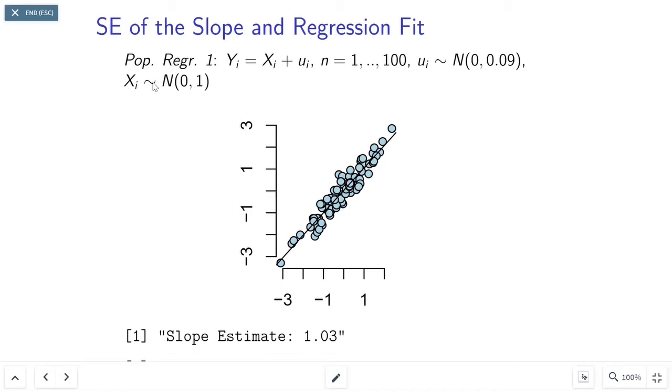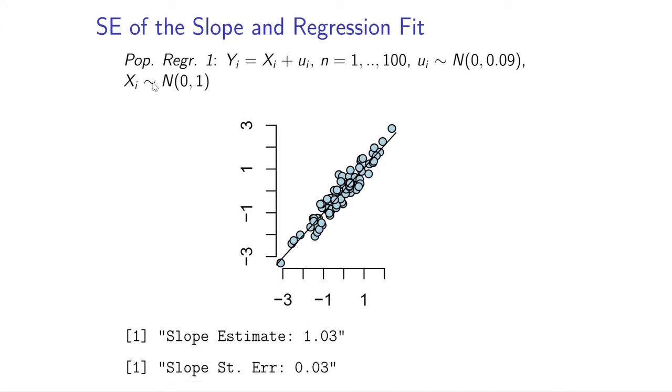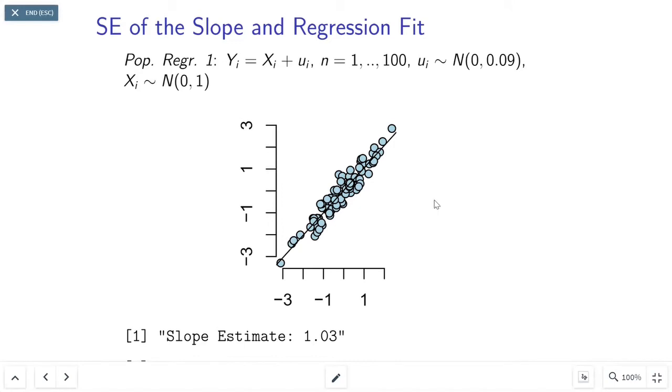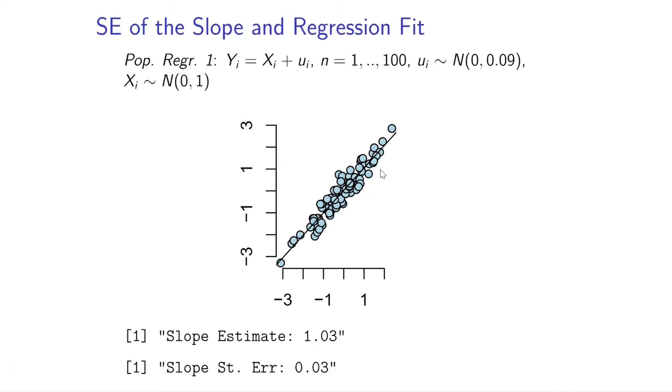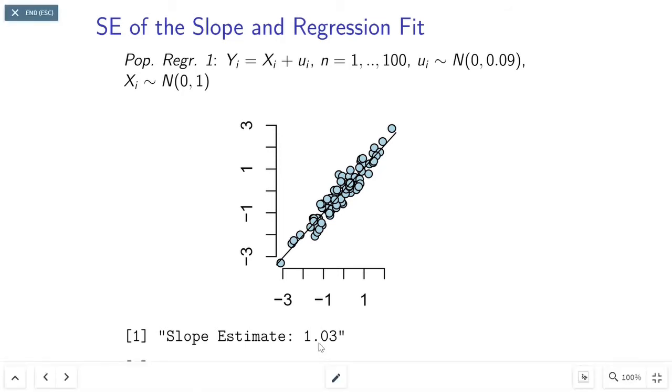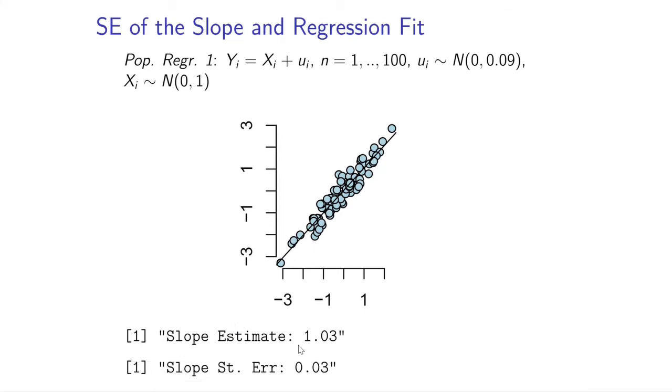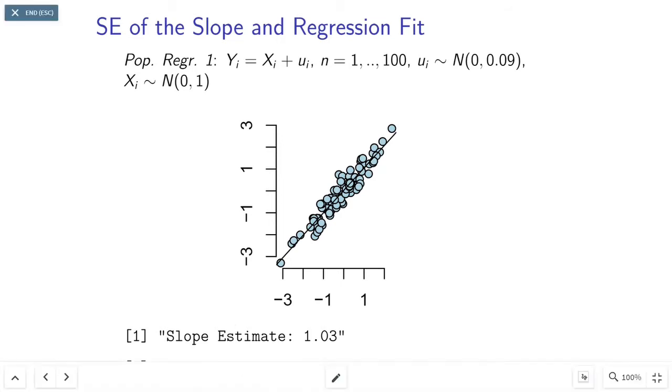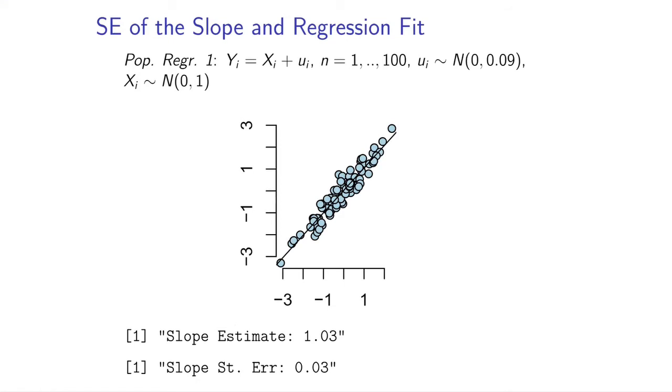And x follows the standard normal distribution. As you can see in this plot, the scatter plot is relatively linear, so a linear fit appears to describe the underlying data pretty well. The estimated slope is 1.03, which is very close to the true slope of 1. And the standard error of the slope is 0.03, which is very small, corroborating what we observed in the plot that the line is a tight fit for the data.